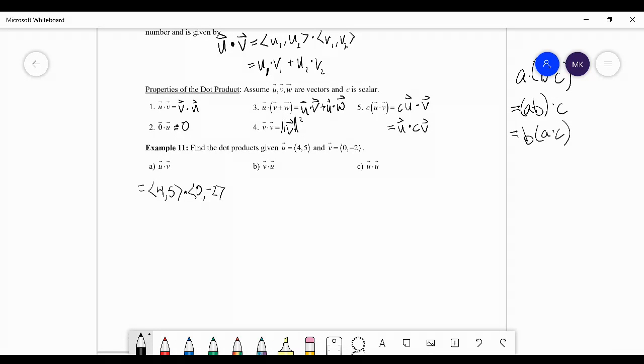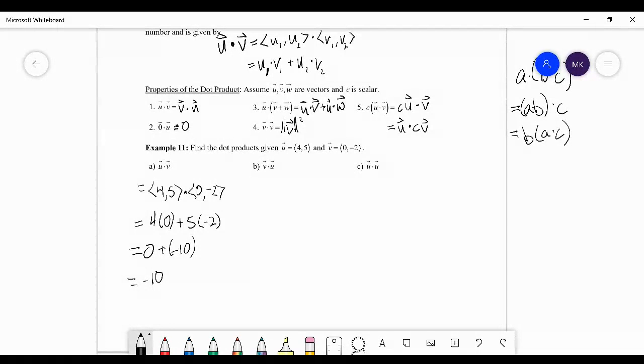I'm not going to write that out every time, but I just want to do it this first time. So then the dot product is the x component times the x component. So this is 4 times 0 plus the y component times the y component. 4 times 0 is 0. 5 times negative 2 is negative 10. So we get negative 10.